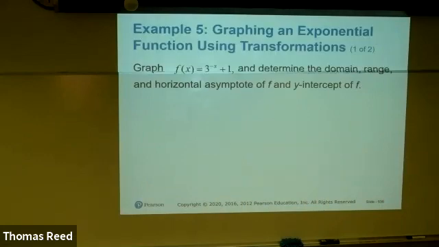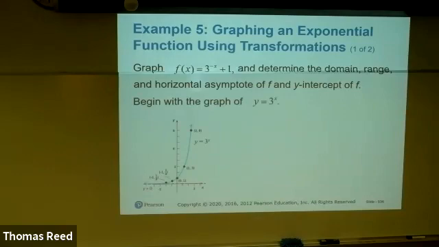So to graph this, I'm trying to figure out what they start with. Do they start with the +1 or do they start with the negative of x? Let's see. Here's 3 to the x. I'm thinking they're going to do the negative x.